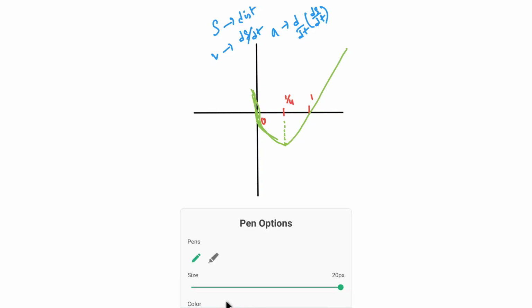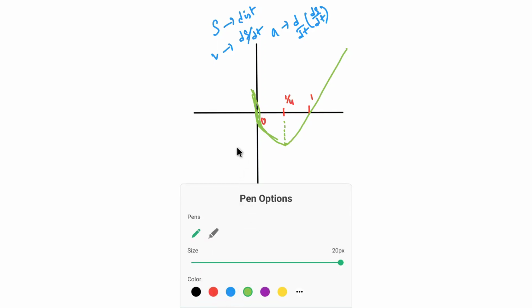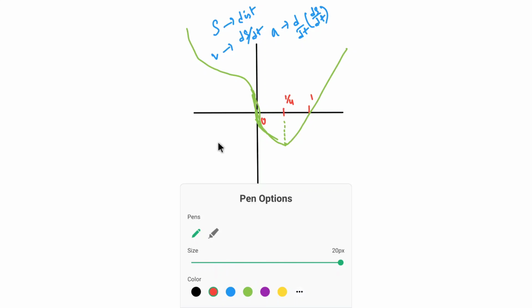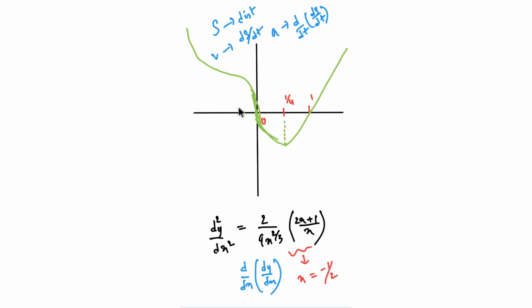So you can assume that the graph can be in this way. At the infinity point we have it like this, and the graph would be like this at x is equal to 1 by 2.